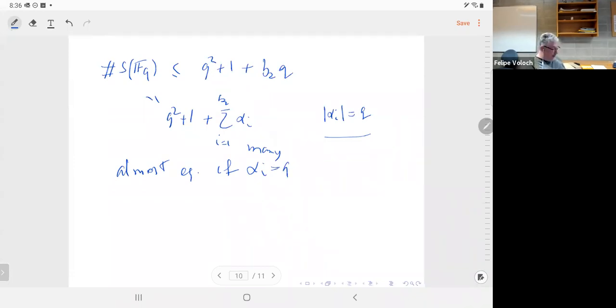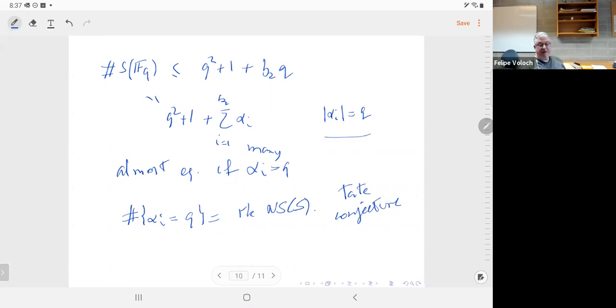Now, the number of alpha i's that are equal to q is, by the Tate conjecture, which I guess is not known, the rank of the Néron-Severi group, the Picard number of S. So a surface having many points should be explained by it having many curves that you don't normally expect.